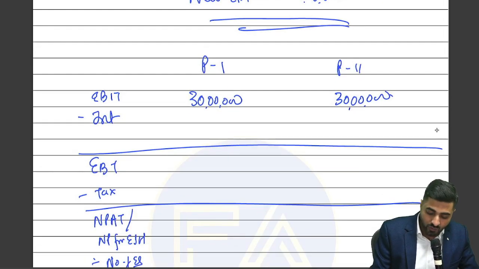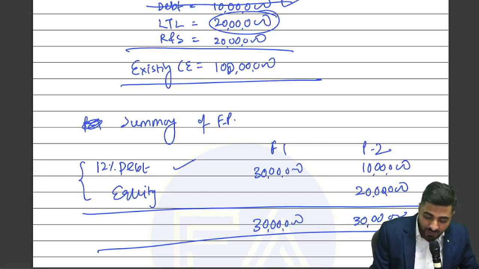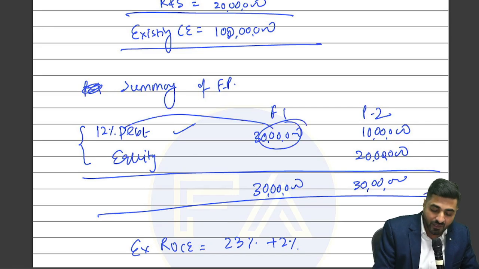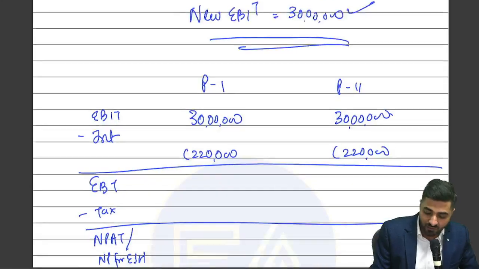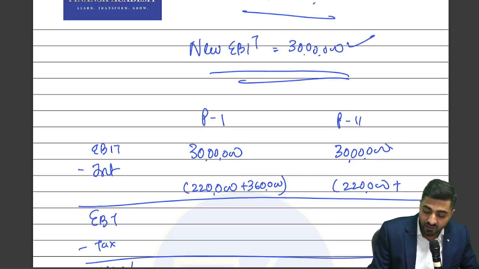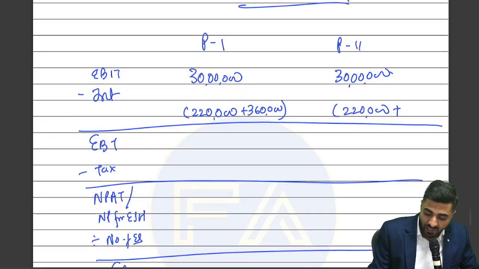Can I say 2,20,000 will be my old interest? Come on, yaar. That will come under both the cases. And new interest will only come in the plan in which there is going to be debt. This is 30 lakhs multiplied by 12%. 30 lakhs multiplied by 12% is how much, beta? 3 lakhs 60. Correct? And here the loan amount is how much, beta? 10 lakhs. 10 lakhs multiplied by 12% is what? 1 lakh 20.